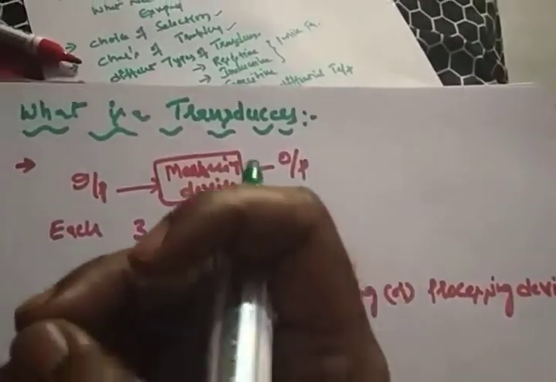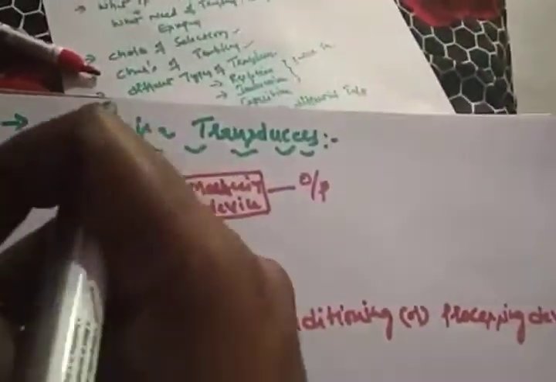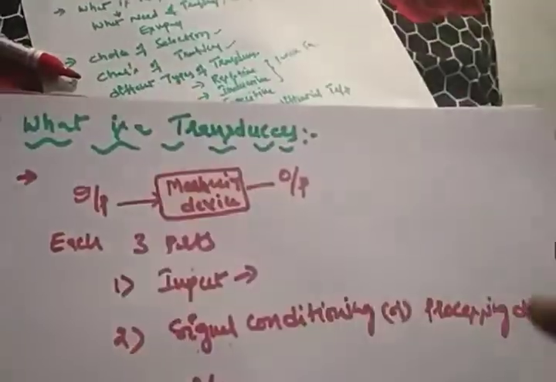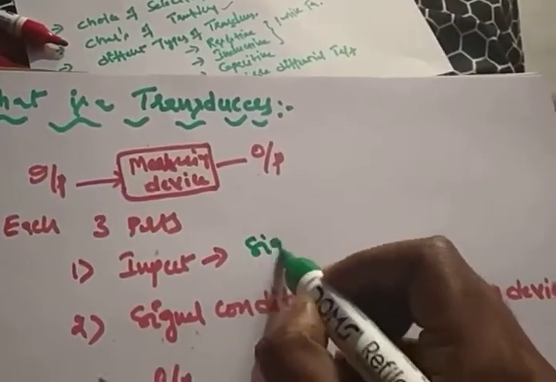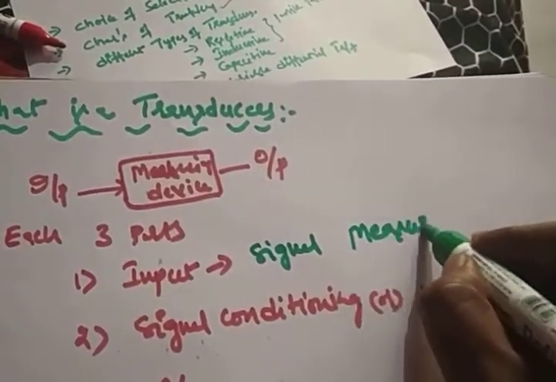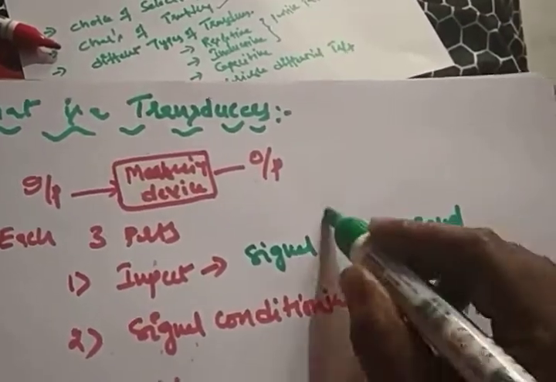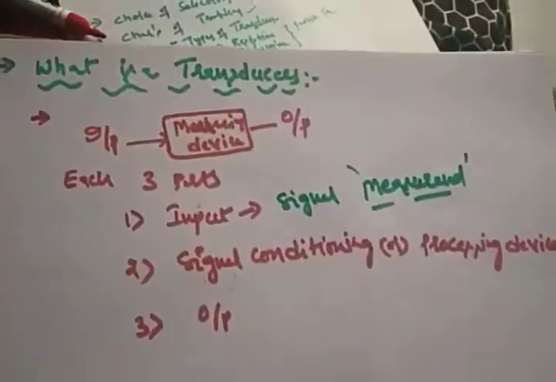Suppose you give a time signal, a ramp signal, a pressure signal, or a temperature signal, these are measurands. That is nothing but the input signal to the instrument.